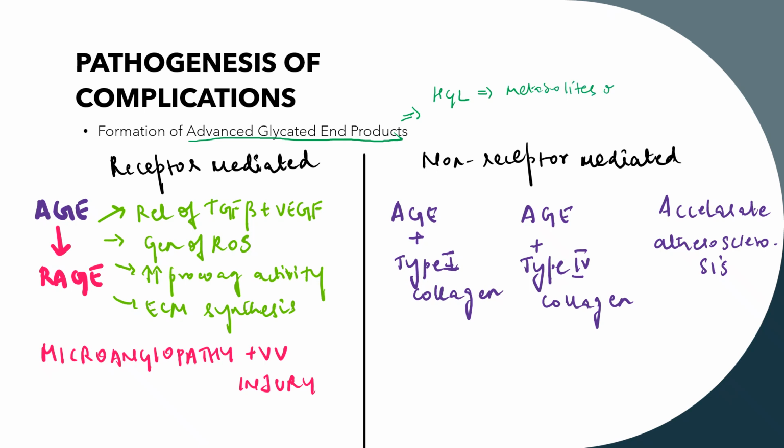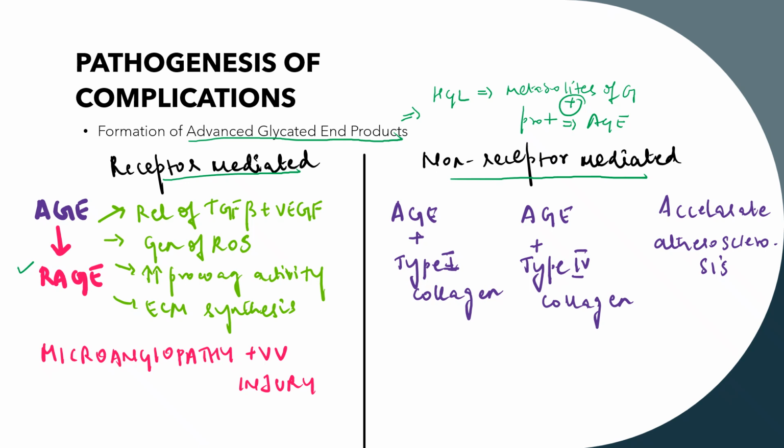Now these will interact with proteins, whether intra or extracellular, and they cause something called advanced glycated end products. Now these advanced glycated end products work with a receptor. It also works without a receptor. So when advanced glycated end products react with a receptor, they tend to cause four major effects.